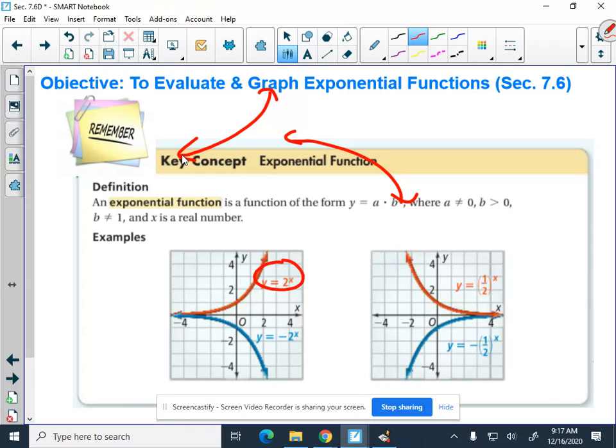This one goes in the negative direction because it's got a negative out in front. Over here, this is an exponential function, but it's a decreasing one. This one is an increasing exponential function. This is one that gets lower and lower, but it will never go below 0. This one over here on this side never goes below 0. Okay?